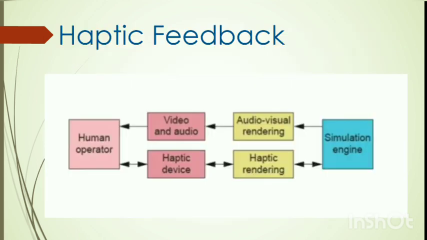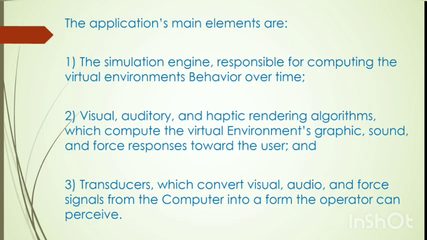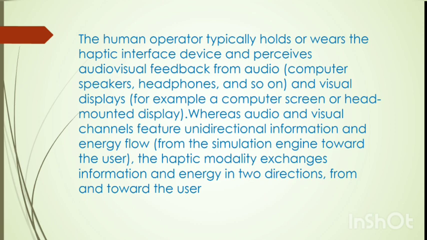Haptic feedback. The figure shows the basic elements present in a feedback system. The main elements are the simulation engine, responsible for computing the virtual environment's behavior over time; visual, auditory, and haptic rendering algorithms, which compute the virtual environment's graphic, sound, and force responses toward the user; and transducers, which convert visual, audio, and force signals from the computer. The human operator typically holds or wears a haptic interface device and perceives audio-visual feedback from audio and visual displays, whereas audio and visual channels feature unidirectional information and energy flow.